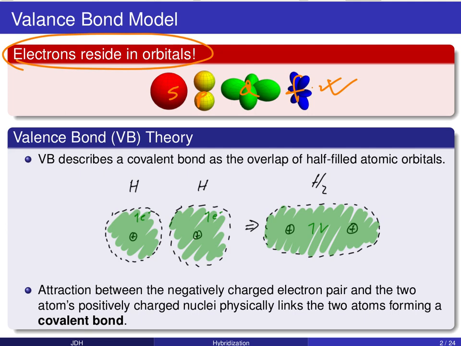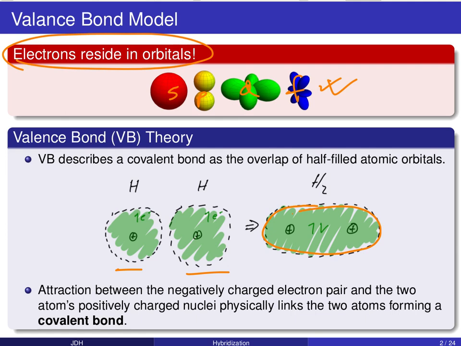And remember, within the valence bond theory, we are describing covalent bonds as the overlap between these atomic orbitals. If you have two half-filled atomic orbitals with only one electron in them, those two orbitals can come together. They will then form one longer orbital here, this overlap between them, you can represent it like this.